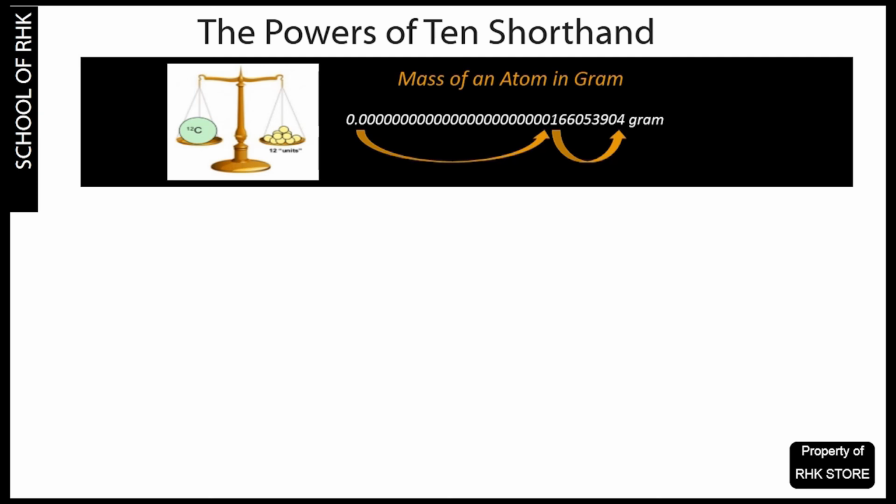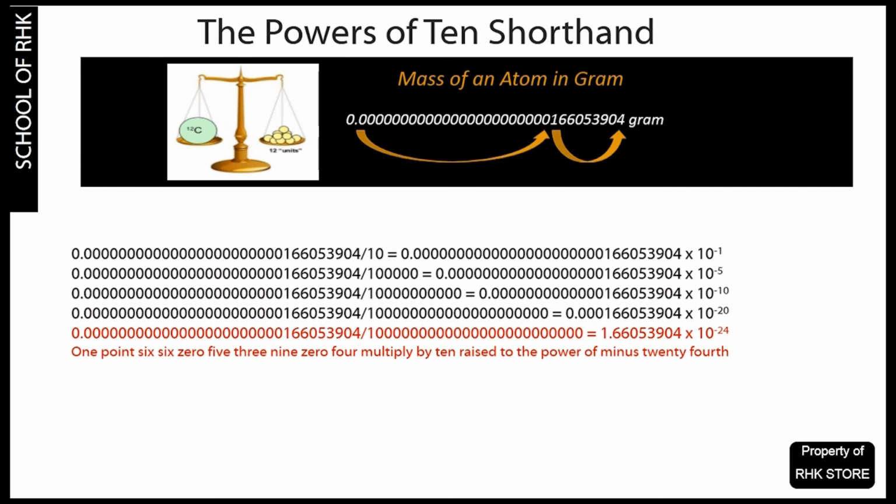To avoid that, we can use the powers of 10 shorthand. So, if we want to write the mass of a carbon-12 atom with scientific or standard notation, it would be read as 1.66053904 multiplied by 10 raised to the power of minus 24.